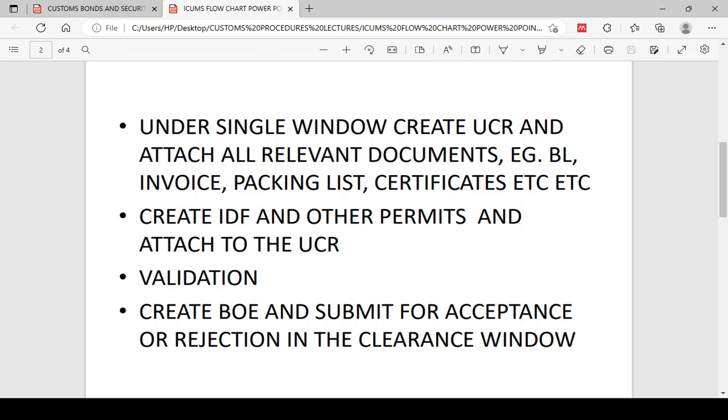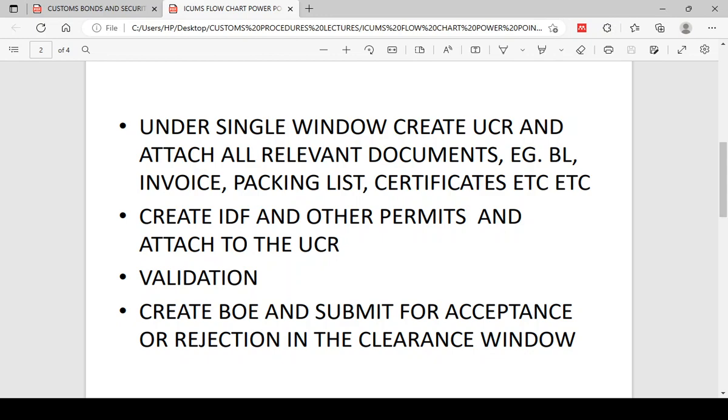It always accompanies the transaction, and it is the foundation of all declarations in the customs system. We always make reference to the UCR for every specific transaction, being import, export, or other customs procedures. So that is the essence of the ICOMS.